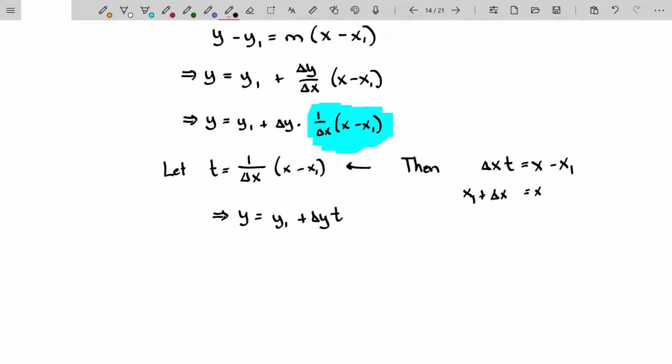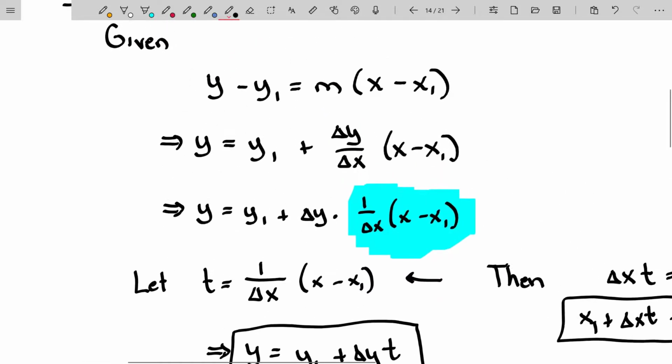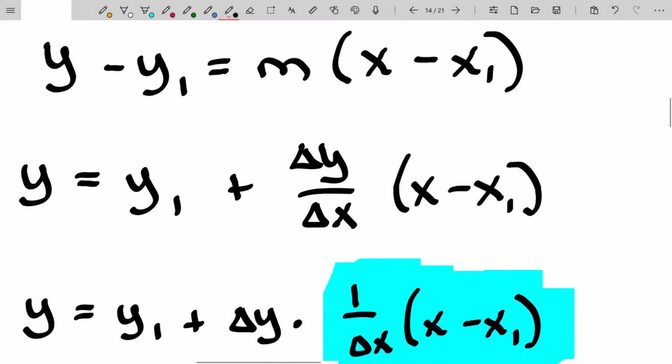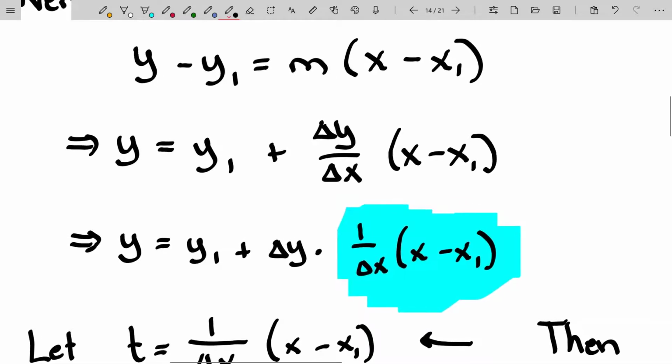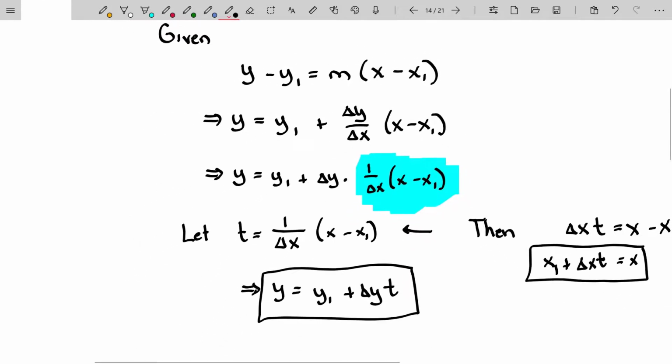And so these are your parametric equations. That's it. That's the proof. So all you really needed to do was take the equation of the line they handed you, trade out m for delta y over delta x, because that's what slope is, and just call that stuff that's attached to delta y, t. And then you pretty much have the derivation of an equation of a line.